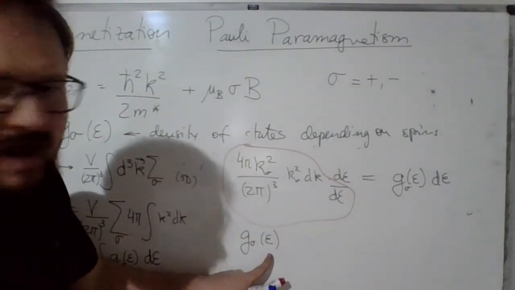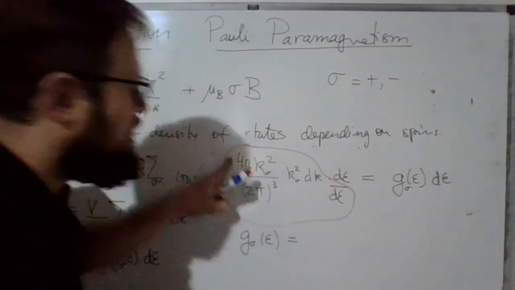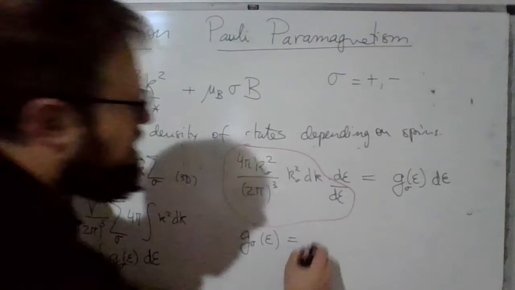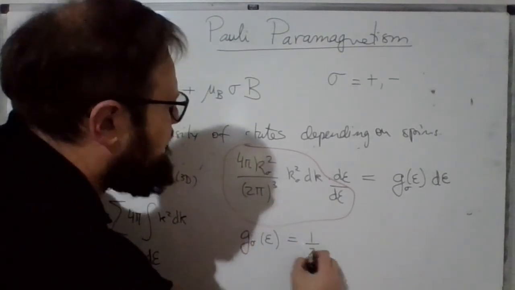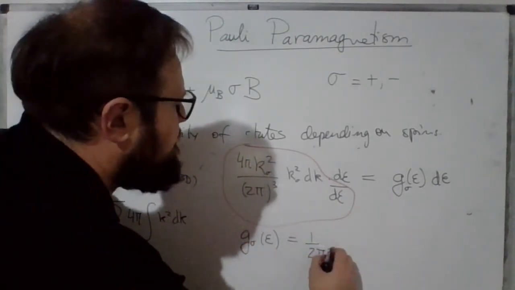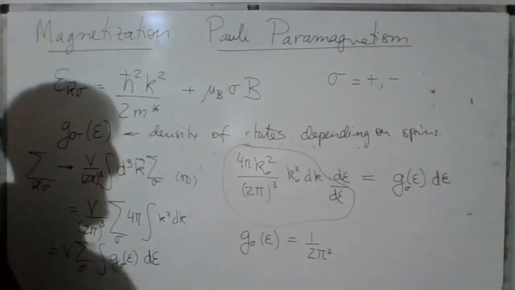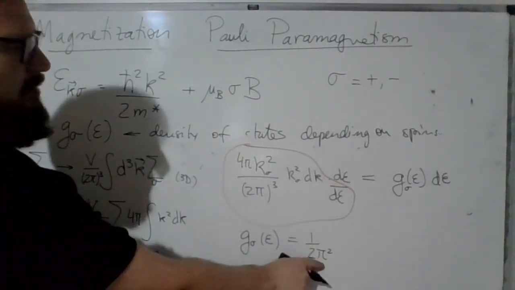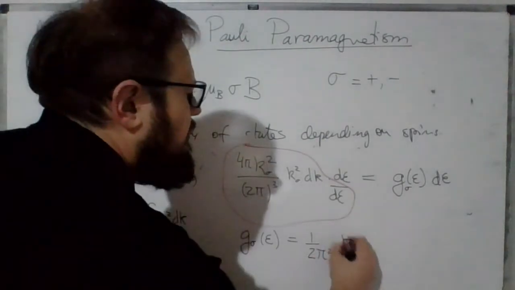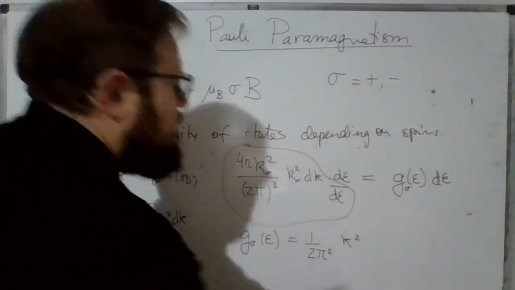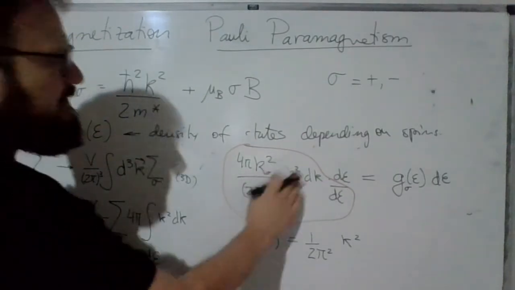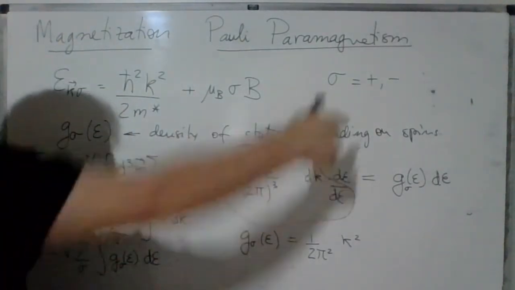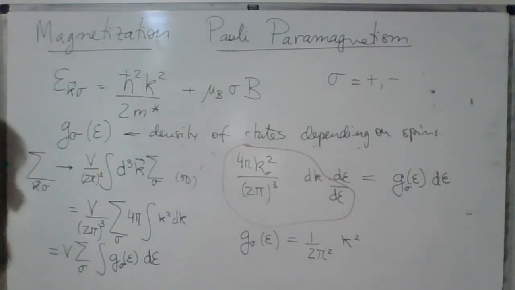G sigma of epsilon is equal to 4 here cancels the 8 here. We have 1 over 2 pi squared. This 4 pi divided by 8 is 1 over 2 pi. 4 pi k squared, I don't need to write it twice.